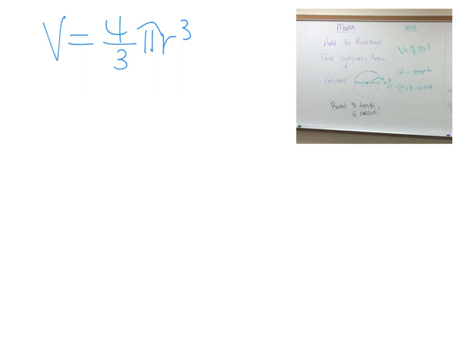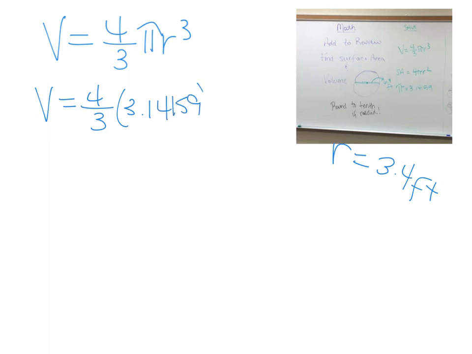Okay, and lastly, we got to find the volume of the same sphere. So again, the radius is not going to change. It's still going to be 3.4 feet. So volume equals 4/3 pi r cubed. So volume equals 4/3 times 3.14159. The radius is 3.4 feet cubed.